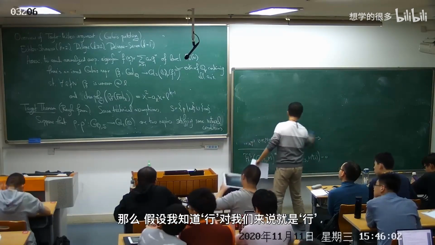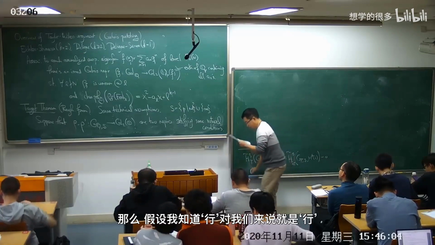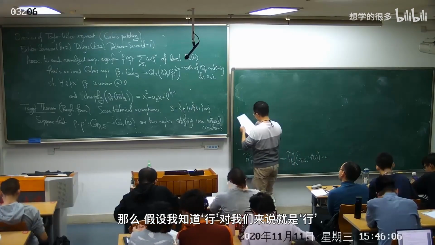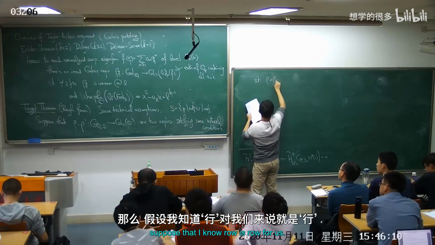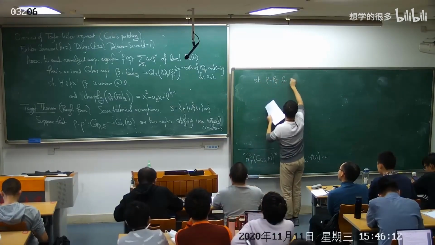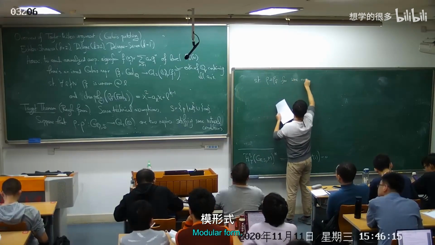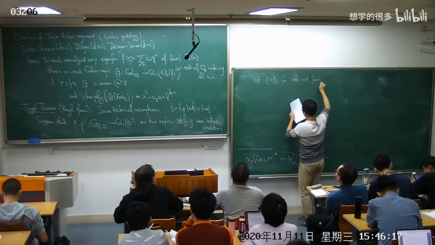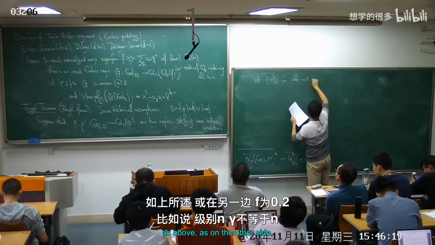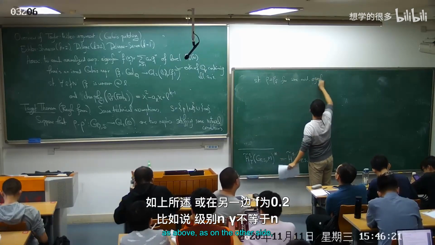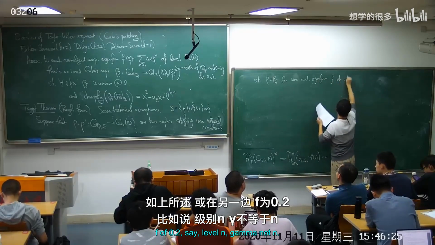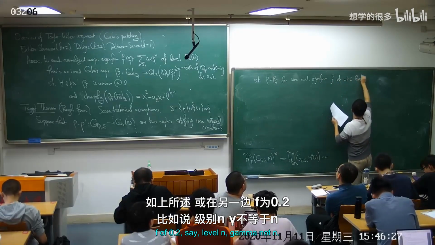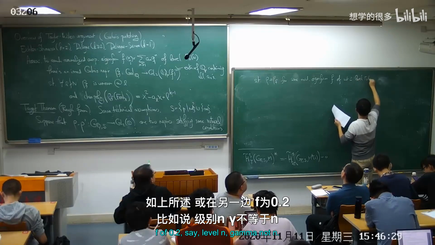Then suppose that I know rho is rho f for some modular eigenform, as above, f of weight 2, say, level gamma naught n.